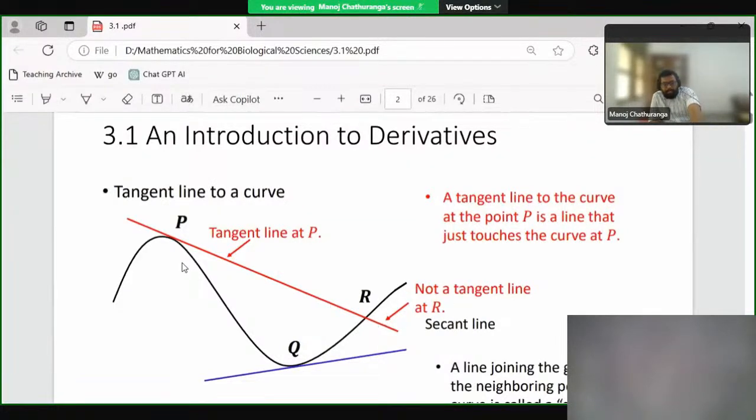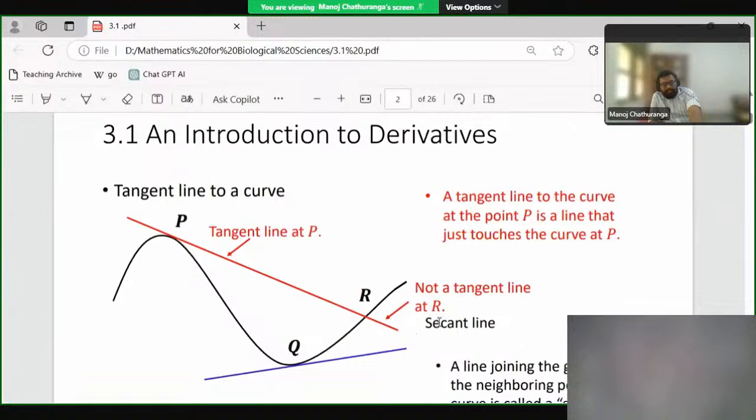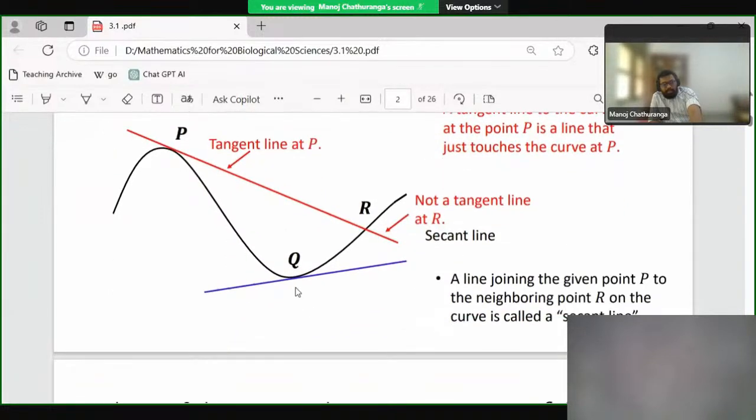If you think about the tangent line at P, for this particular graph, that line intersects the graph at another point R. At R, it is not a tangent line anymore. It is just a line intersecting the curve. We can call it a secant line. And again, at Q, we have this tangent line.